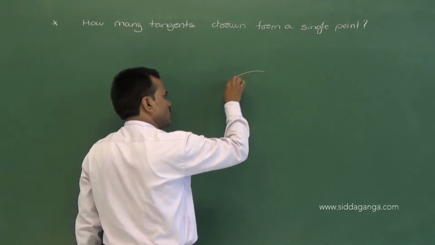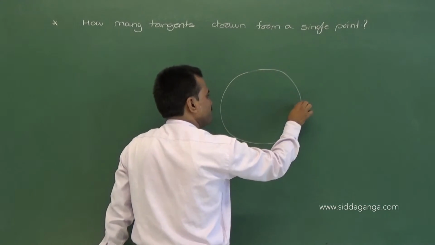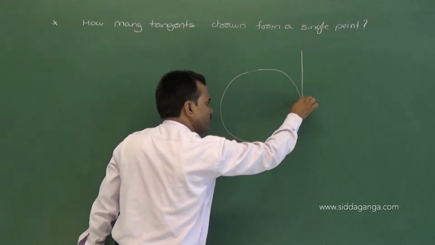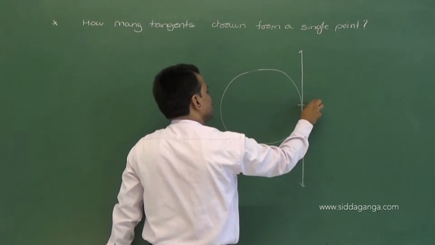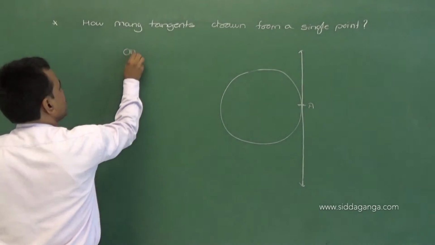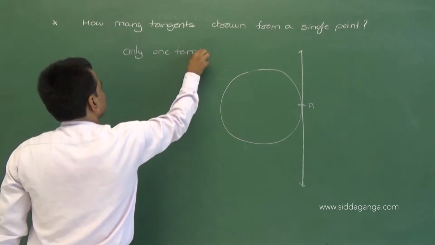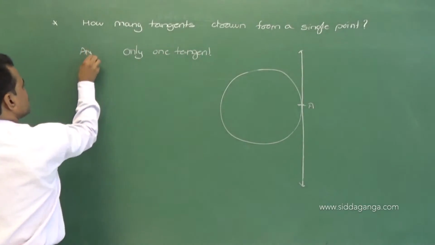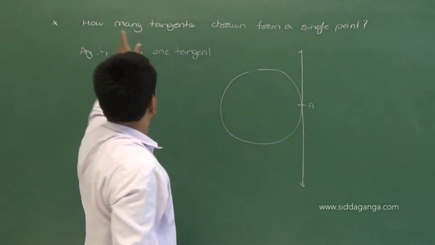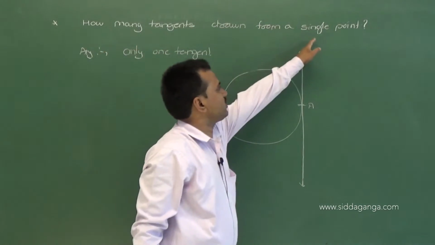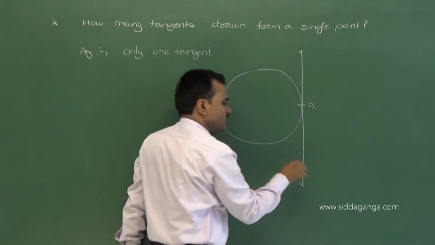So for that I draw a circle and the tangent. The answer is only one tangent. From a single point, it is possible to draw only one tangent.